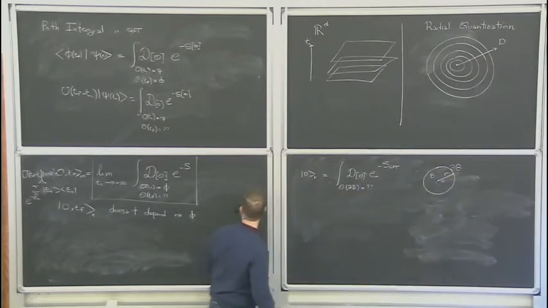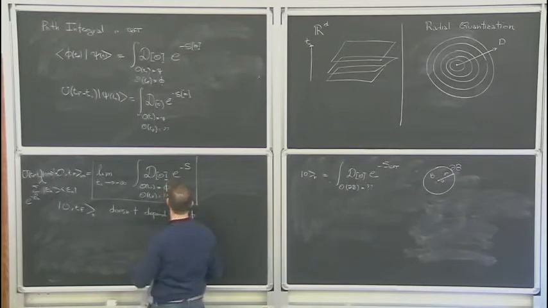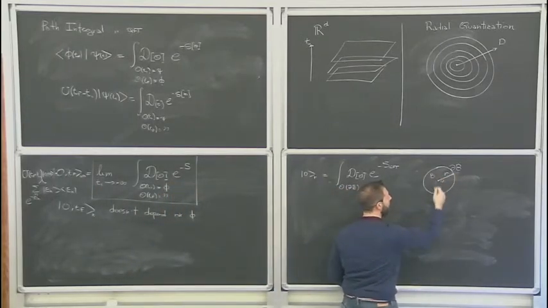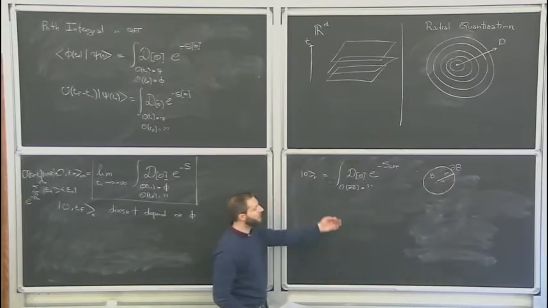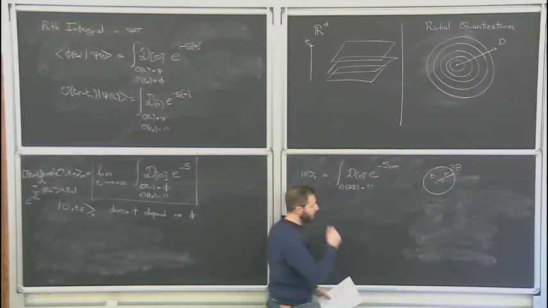And then, if you look at this formula here, you have to take the limit of the evolution going to minus infinity. But in our case, the evolution going to minus infinity corresponds to sending the radius to 0. Okay, this is the only point, the minus infinity point, if you want.